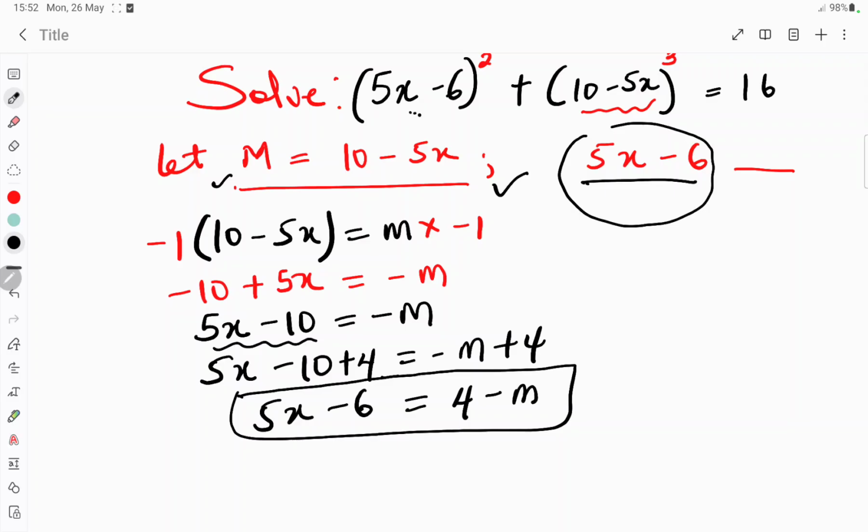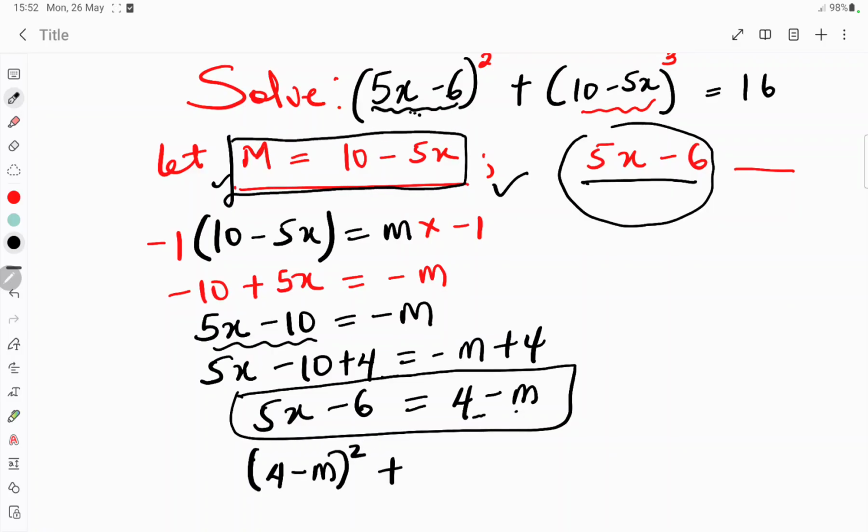So you can now see we will plug those values into the equation we have already. Instead of 5x - 6, I will now put 4 - m. So I will have (4 - m)² plus, we've defined our m to be this, plus m³ equal to 16.